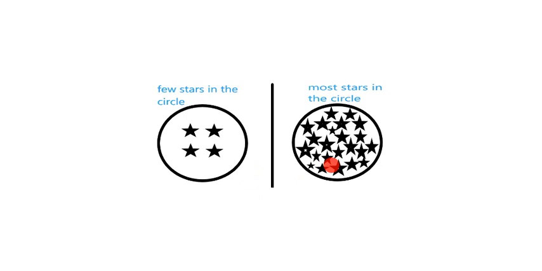Rather, we will say there are few stars in this circle and there are most stars in this circle. So here is the concept of few stars and most stars. These are few stars and these are most stars.